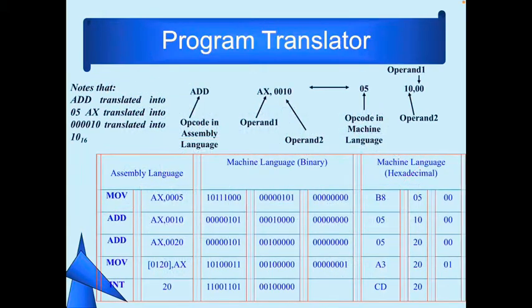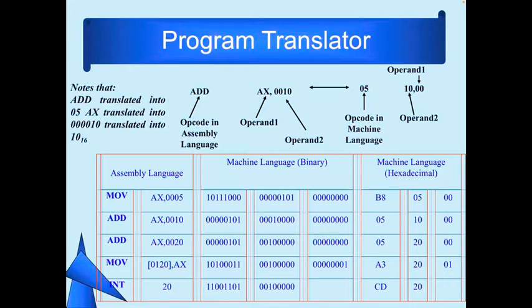So we have an example on assembly language, and then we will look at the example in machine language. For your information, we will learn in detail about the assembly language in our next chapter.